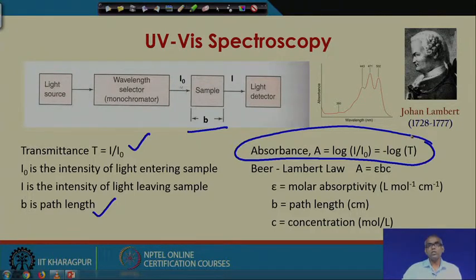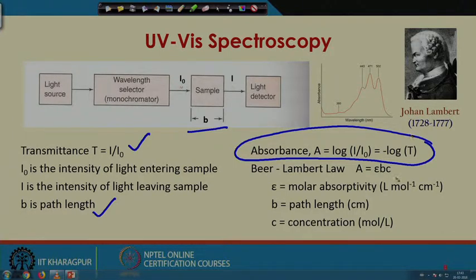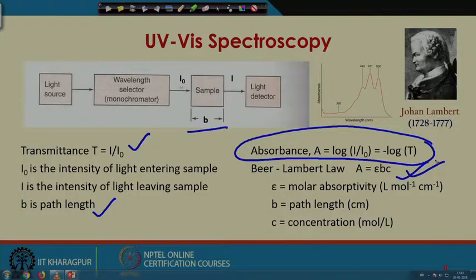So, the Beer-Lambert's law is absorbance equal to epsilon into path length into concentration, where epsilon is molar absorptivity and it has a unit of liter per mole per centimeter. B is path length, let us say has a unit of centimeter, and the concentration has a unit of mole per liter.